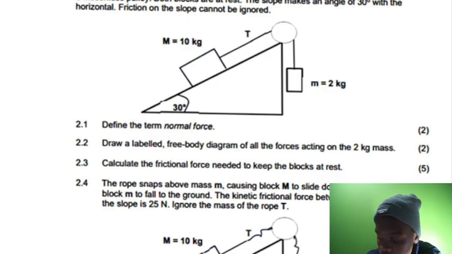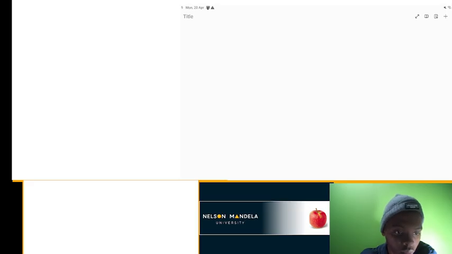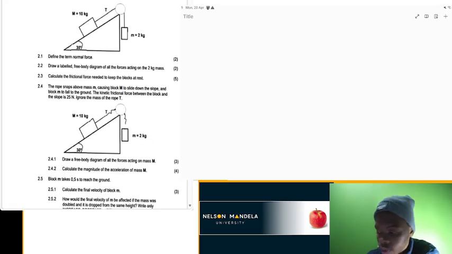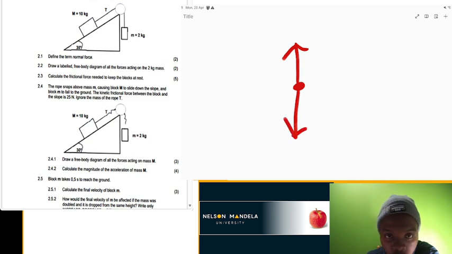So all the forces, and you see it's 2 kg. We're going to have 2 forces. In a free body diagram you're going to have a dot, then 2 forces, one going up and the other one going down.